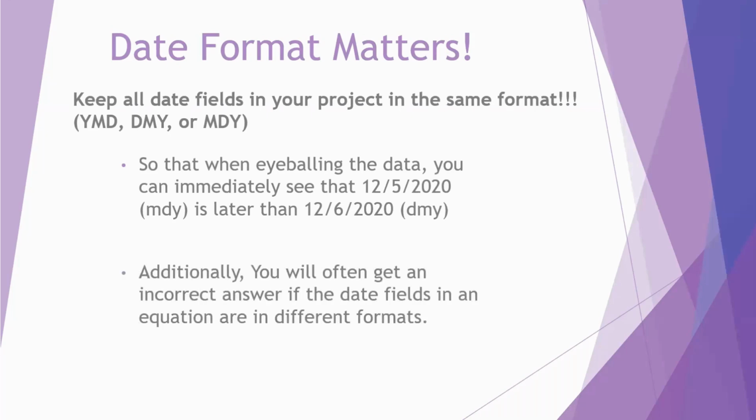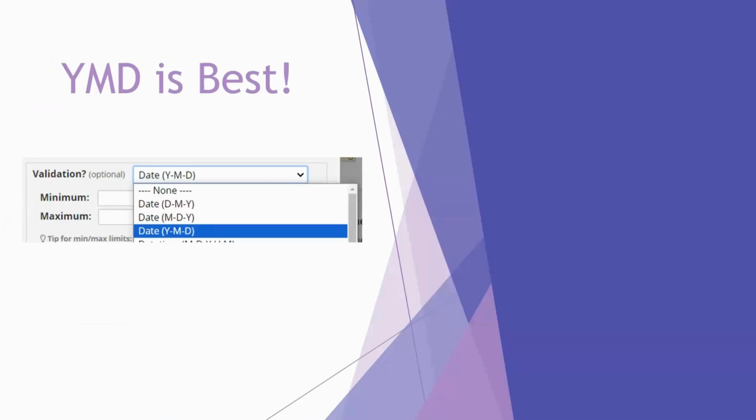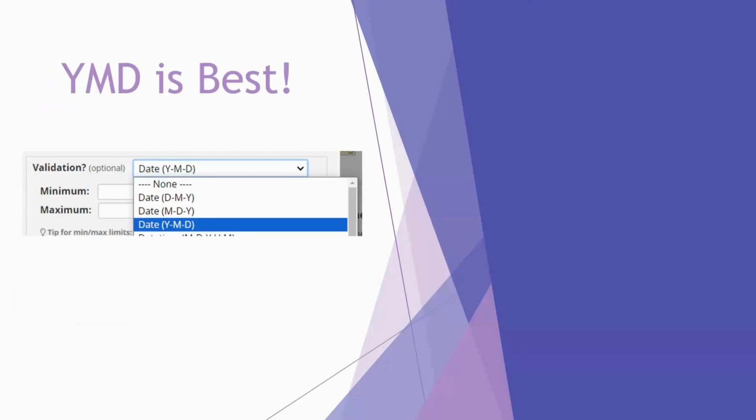Additionally, you're often going to get an incorrect answer if the date fields in an equation are in different formats. So if a date calculation is not working correctly and it's using the MDY or DMY format, troubleshooting steps will often include checking to see if the calculation does work in YMD format, and it often does. If a date calculation is not working correctly using YMD format, you know that the error must be with syntax or something other than the date format itself.